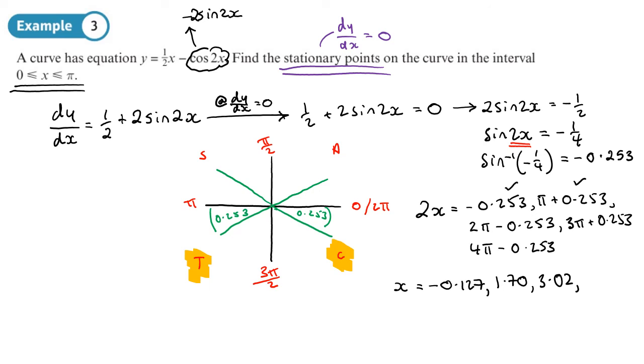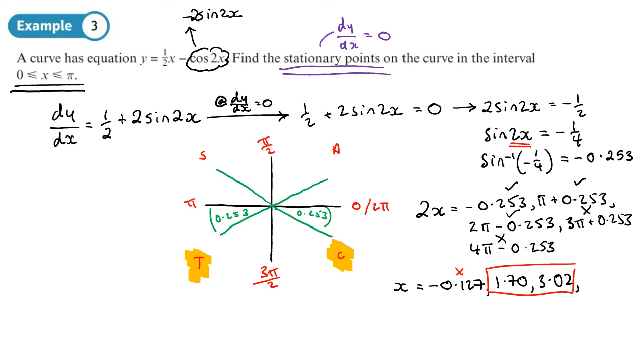We'll divide that by 2. That's well over pi, so reject this. That one's definitely going to be over pi as well. So the only two values which we can use are going to be these two. We reject that one, it's not in the range.